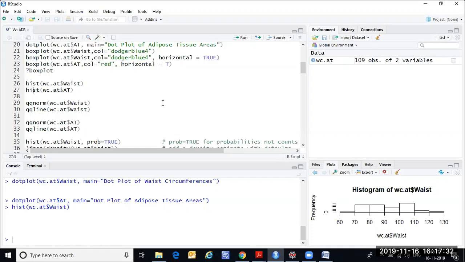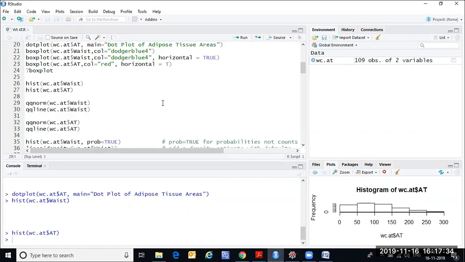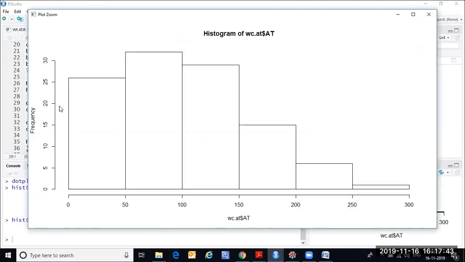Similarly, the Y value, histogram of Y. More of left skewed data. The tail is towards the right side. Is it positively skewed or negatively skewed? Guys, what do you think? Positive. Positively skewed.